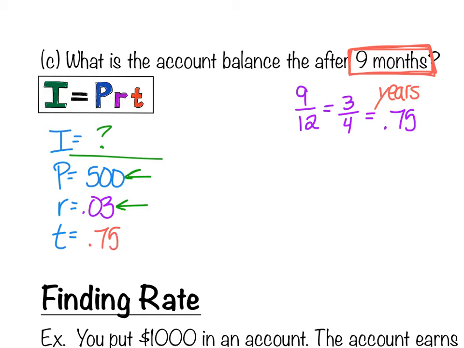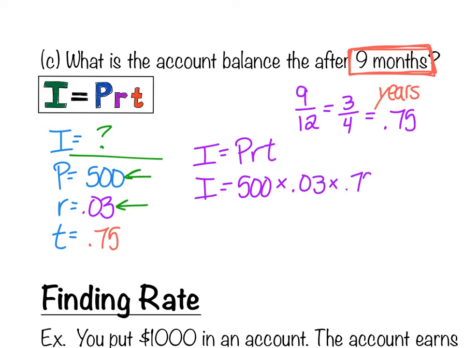Okay, so now I'm going to redo this whole thing. I equals PRT, our interest formula, and I don't know what I is, but I do know that the principal was 500. The rate is still 3%. And the time is now 9 months, which is 0.75 of a year.